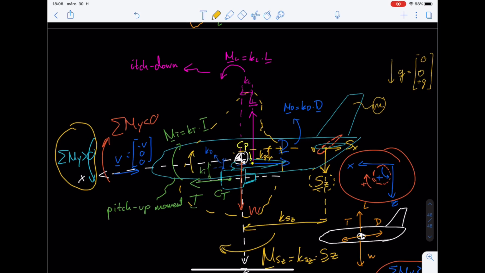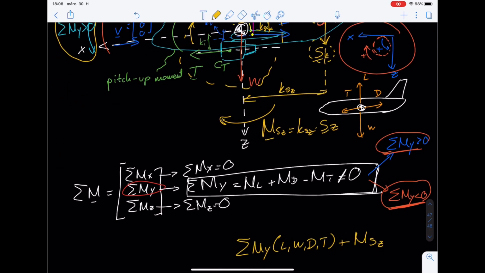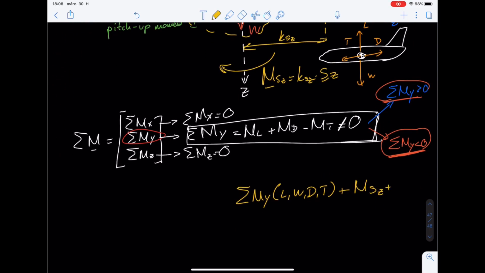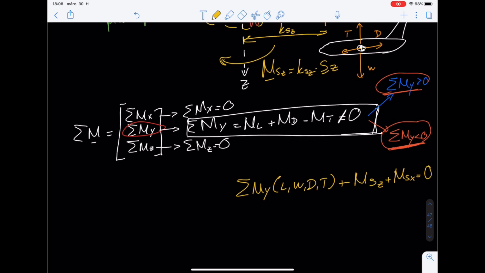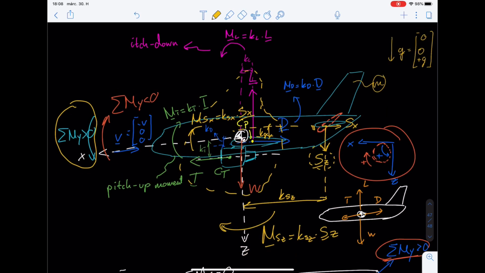So this would also indicate in this case an MSX moment, which is the KSX arm times the SX force, right? And if we add these together, if the deflection is sufficient, you can generate a situation when the sum is basically zero. The sum is zero, and in that case, the aircraft is in equilibrium.